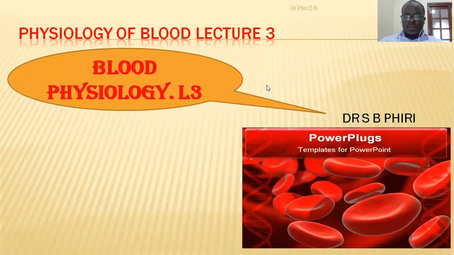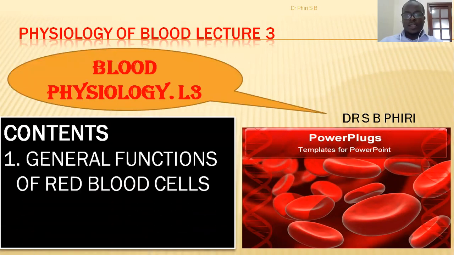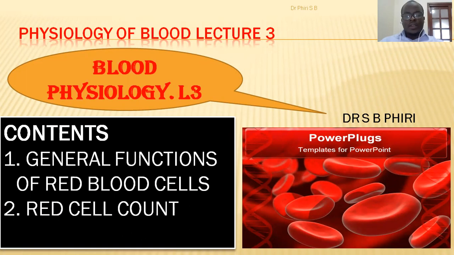So like I said, this is blood physiology lecture 3, and in this lecture we're going to look at the general function of red blood cells, not blood physiology, and also the red cell count.